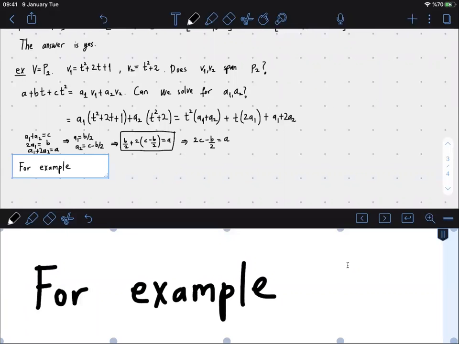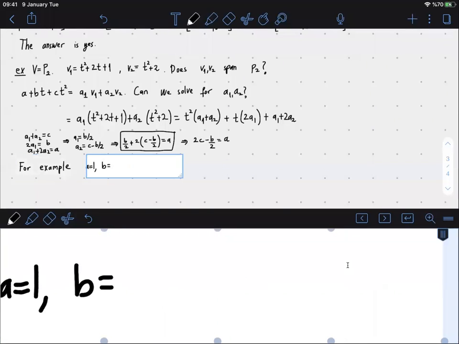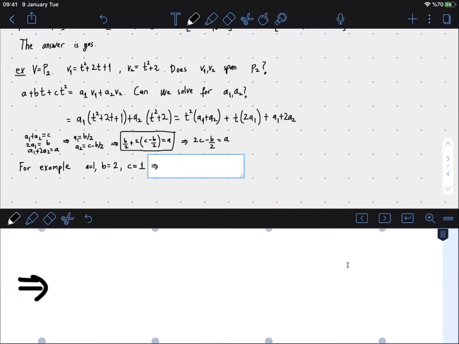Let's take a to be 1, b to be 2, and c to be also 1. The last condition is satisfied: 2 minus 1 equals 1. So 1 plus 2t plus t squared is in the span.